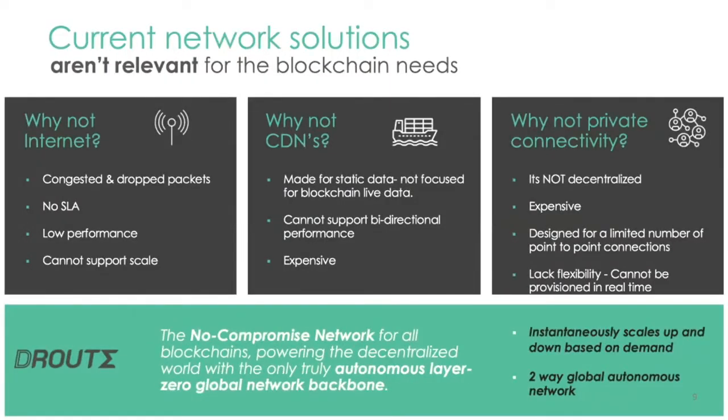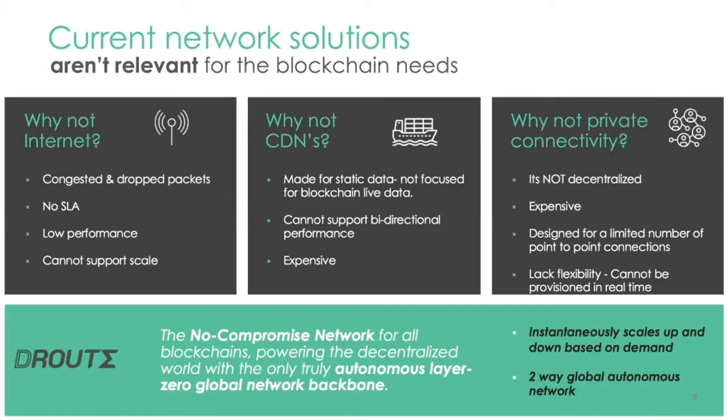So I've talked a little bit about it. So the current network solutions: why not the internet? Internet, as I said, there's congestion, the performance is not predictable. There are no SLAs. You cannot get service level agreements from the internet. So why not private circuits or private connectivity, right? Number one, it's not decentralized.